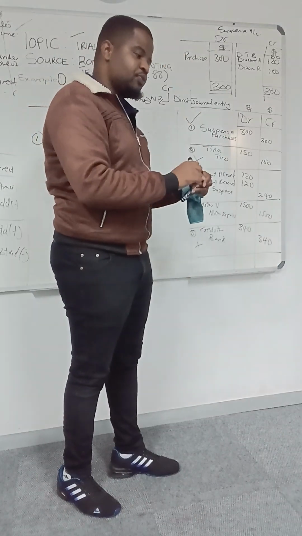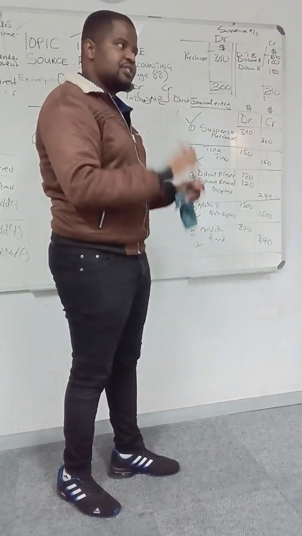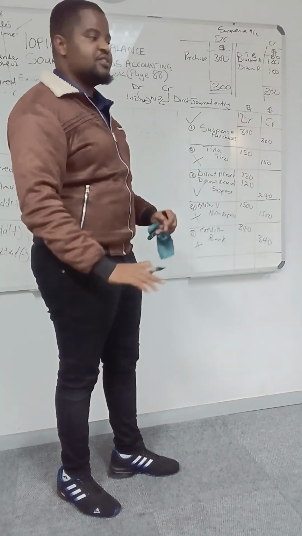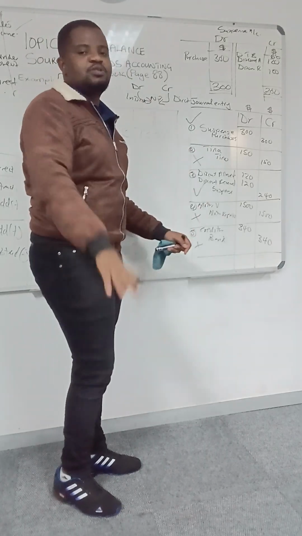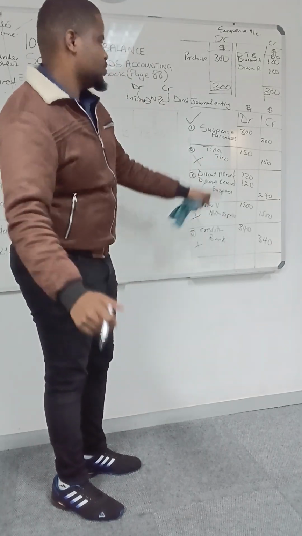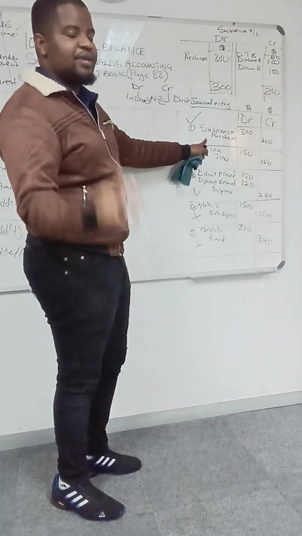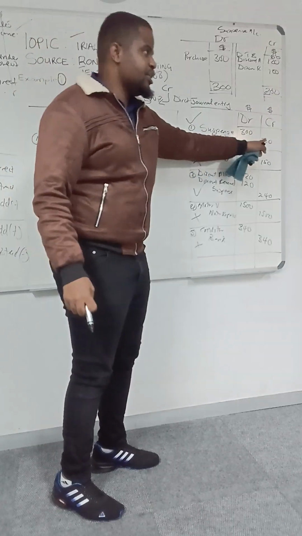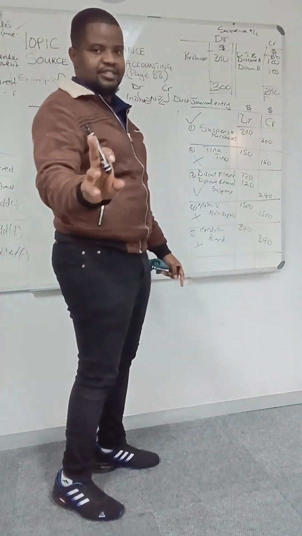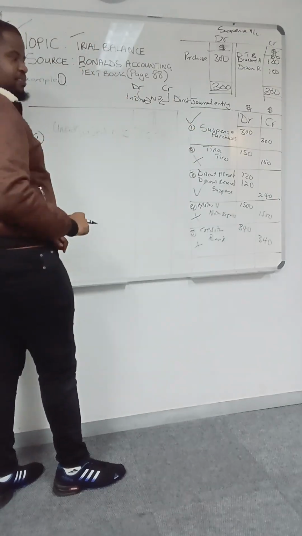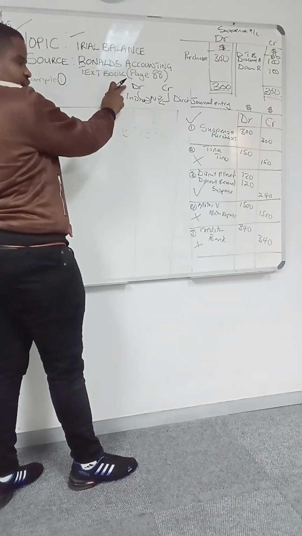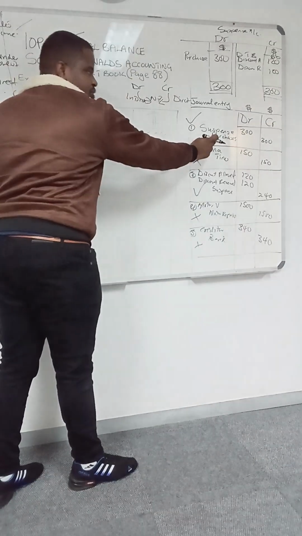The same applies to a credit item. If you see it on the credit side, it means it was understated. But if you see it on the debit side, it means it was overstated. It's simple like that. So these are purchases. They maintain a debit side, but they are here on credit. It means they were overstated. So you bring this purchase to our relationship. Purchases are on debit, so you come to the debit side. What happened to purchases?